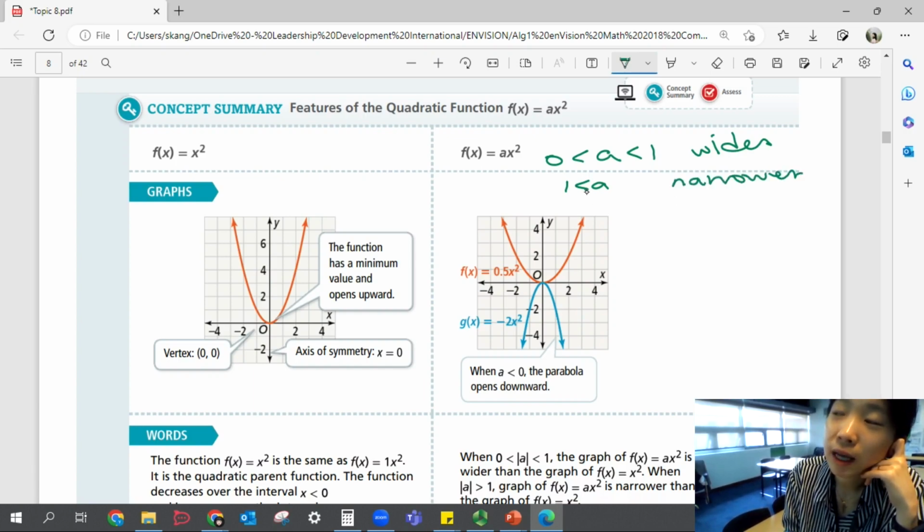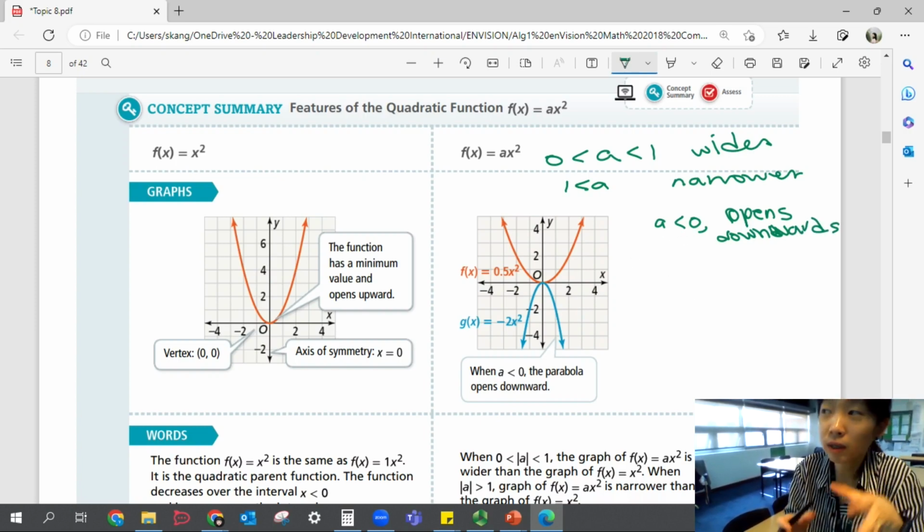But then when a is negative, so less than 0, then it is opening downwards. Okay, so even if it's opening downwards, if the magnitude of a, so absolute value of a, is greater than 1, it gets narrower.